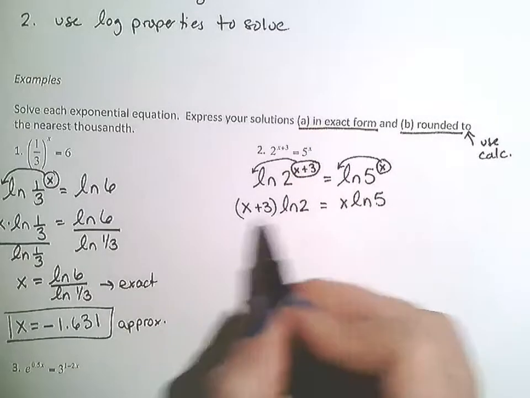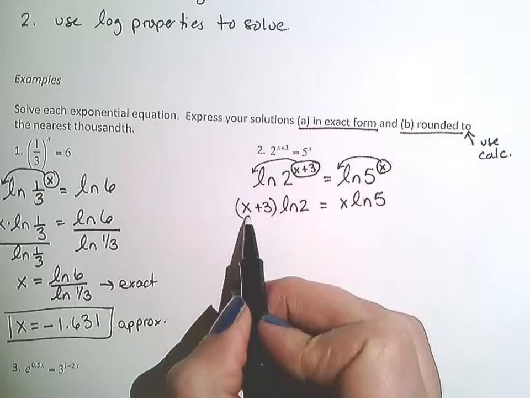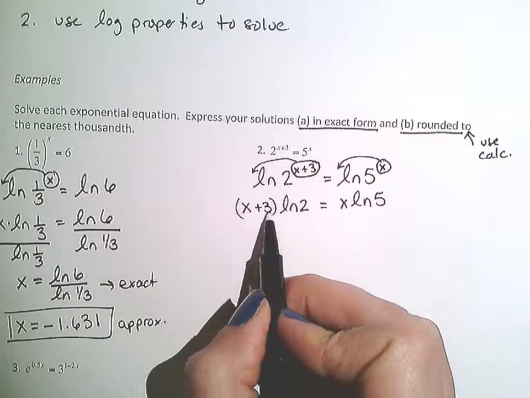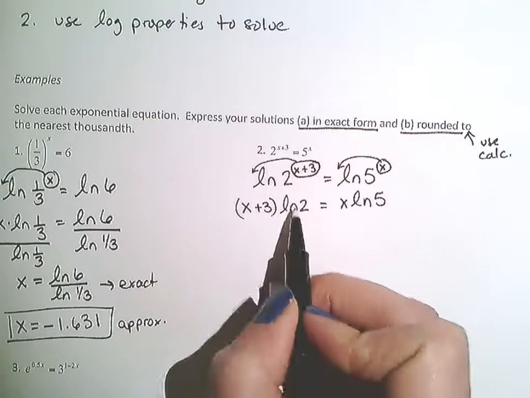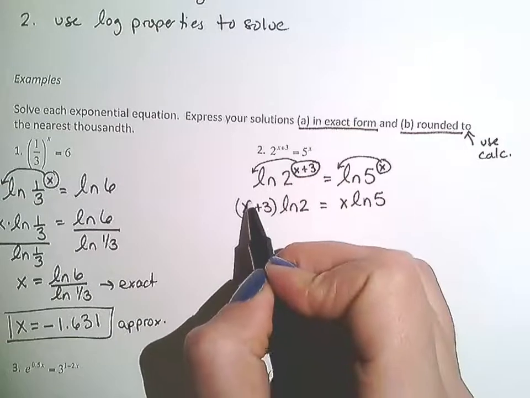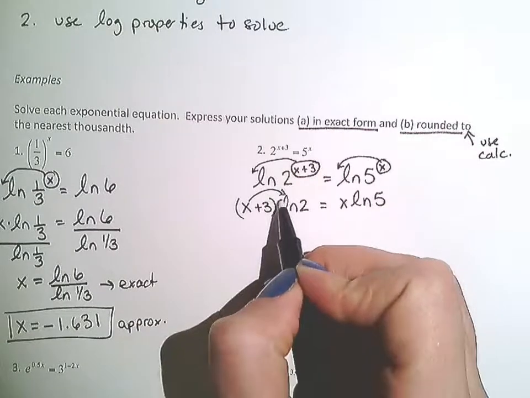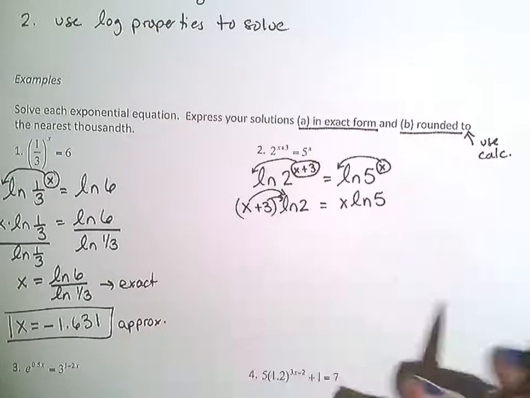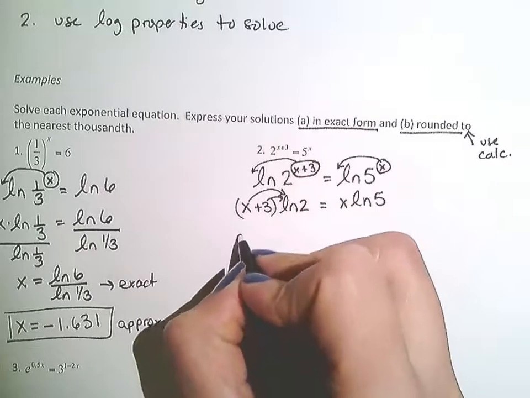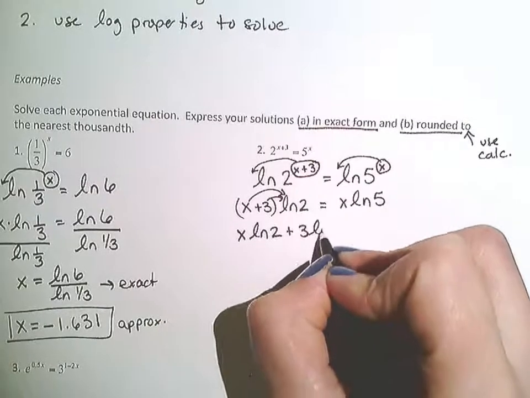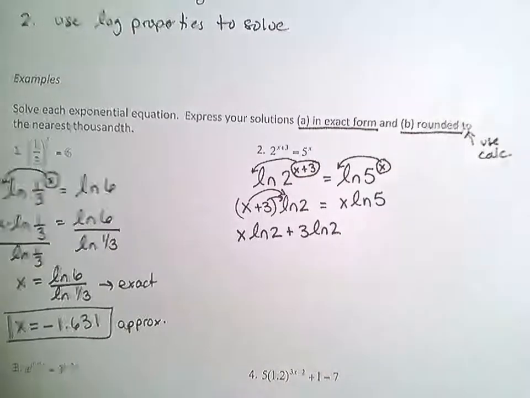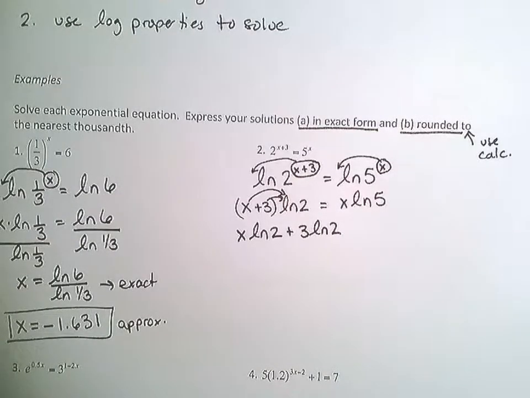So I need to get x by itself on one side, but before I do that, anytime you have a binomial multiplied by something, you have to distribute. So this ln of 2 gets distributed to both of these. So this becomes x times ln of 2 plus 3 times ln of 2. Because remember, ln of 2 is just a number.